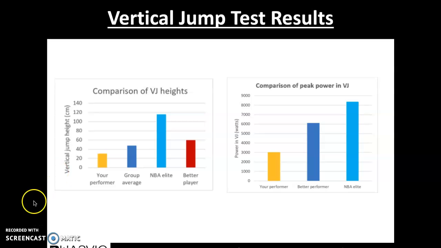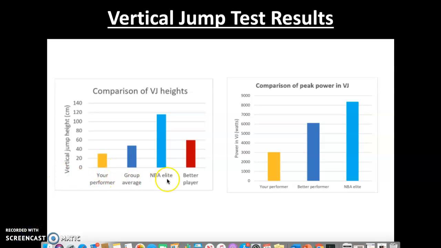So it's vitally important. In terms of the two performers, we can see that the better performer jumped twice as much as this performer. So we can see the differences in that.